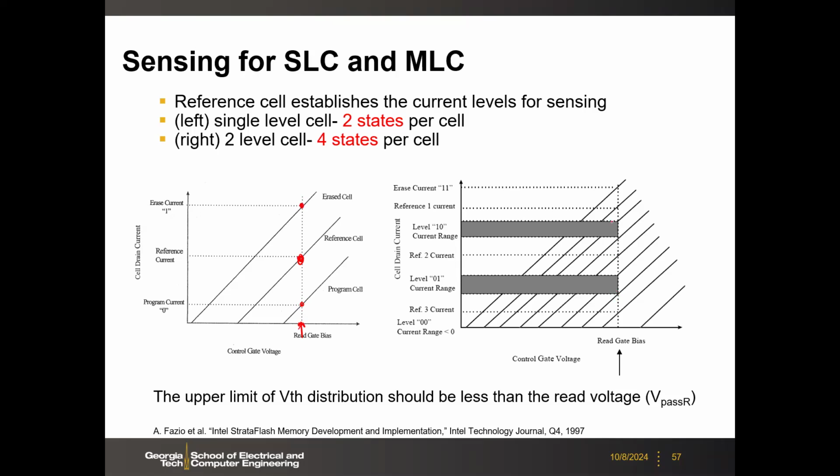And then, of course, if you need to do multi-level sensing, you need to have multiple references, and then you need to do it multiple times, depending on the sensing scheme. You may need to compare with multiple references, like a binary tree search, right? You have to first detect whether this particular state is above, let's say, the middle one. If it's above the middle one, then you determine whether it is above this one, so you can determine which is which. Okay. So the sensing becomes more complicated as well.